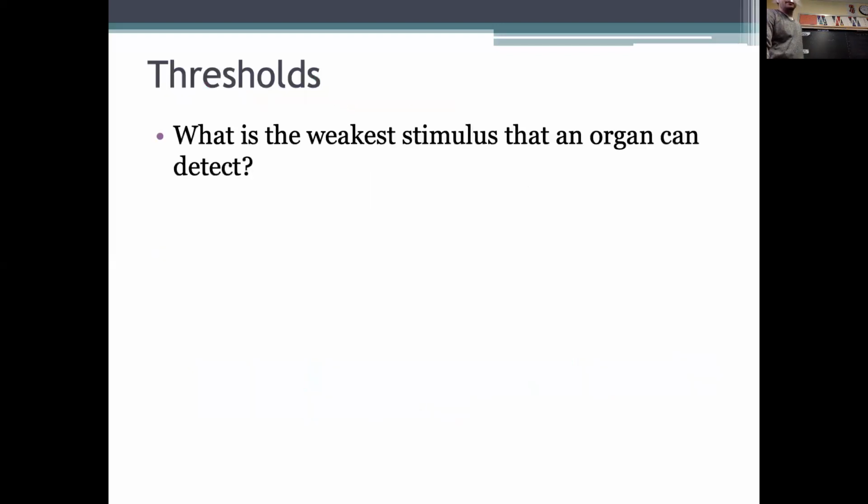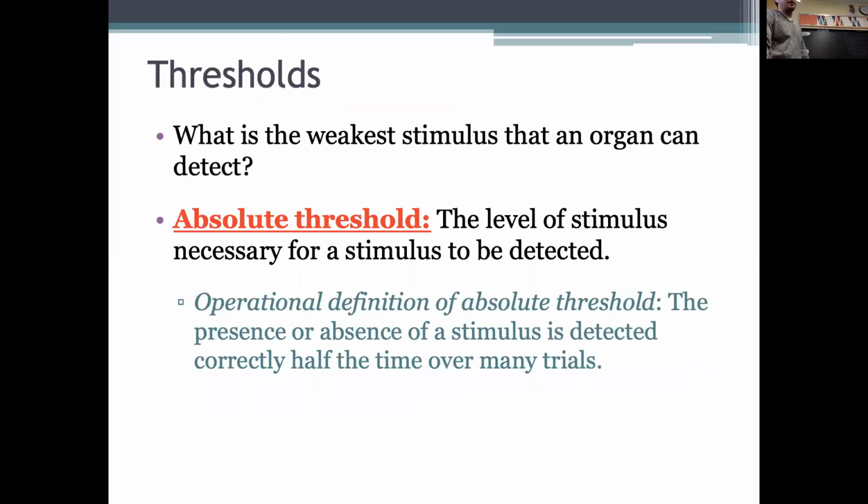All right, thresholds. So absolute threshold. We kind of talked about this with neural firing, and how that is first triggered. Absolute threshold is just the first detection of a stimulus. Let's say, a sight of light, when we're visualizing light for the first time, how faint it is when we can first detect it. That is the absolute threshold.